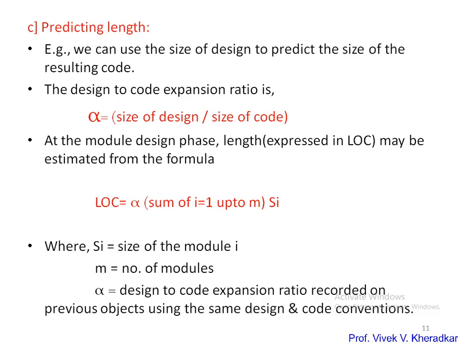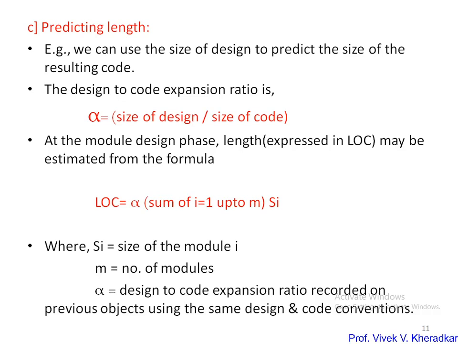The design to code expansion ratio is denoted by alpha, which is the size of design divided by the size of code. This expansion ratio helps the size of the design predict the size of the resulting code.